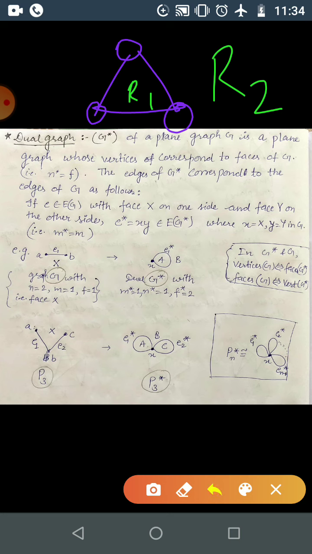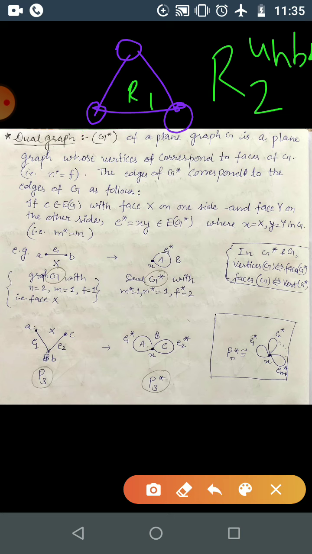R2 is the unbounded region, and R1 is bounded by this boundary. R2's lower boundary is this one, but its upper boundary is not known, so this is an unbounded region or unbounded face.